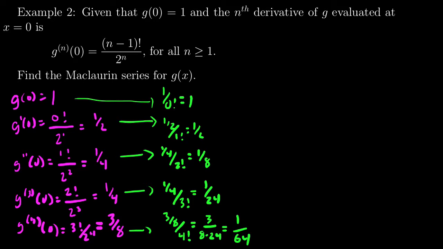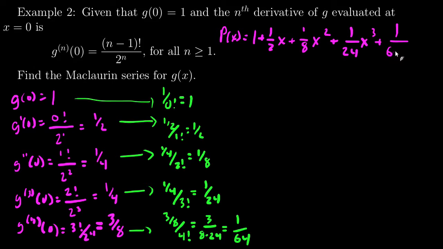So here's the idea. Here's how I figure out what pattern this is. I see that I'm going to have p of x equals 1 plus 1/2 x plus 1/8 x squared. And you say, okay, I might have some ideas. Plus 1 over 24 x cubed plus 1 over 64 x to the 4th.